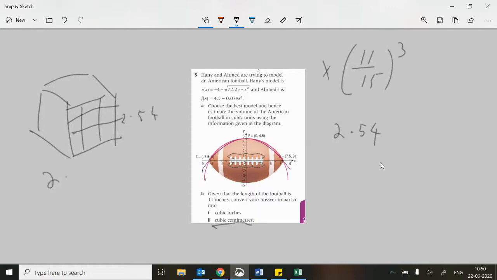In other words, there are 2.54 cubed centimeters cubed in 1 inch cubed. Okay, so we'll need to times by 2.54 centimeters cubed for the previous answer to get to how many centimeters cubed are in the amount of inches cubed which we have. Hopefully that's clear. If it's not, then please do ask in the meeting tomorrow.